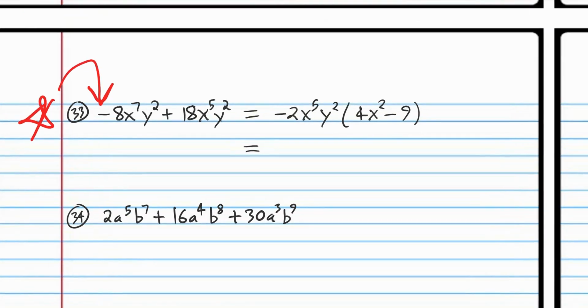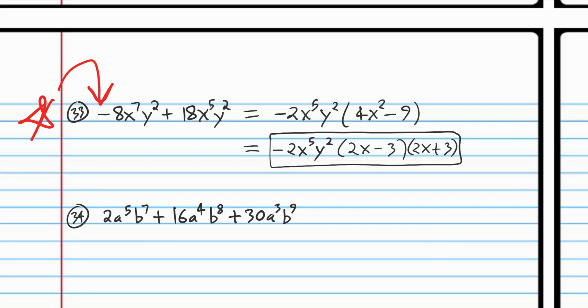That looks right. And now we're just going to factor 4x squared minus 9. That's difference of two squares. What number times itself equals 4? That's 2. What number times itself equals 9? That's 3. So if you got that answer, good job.